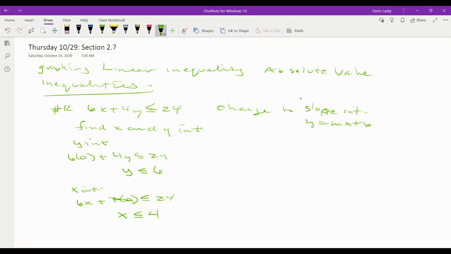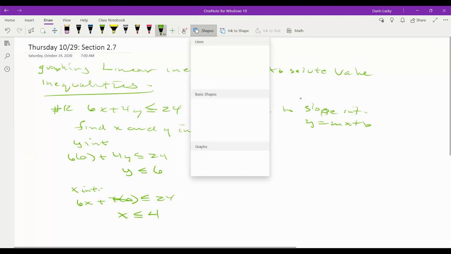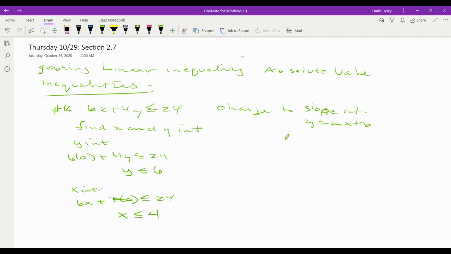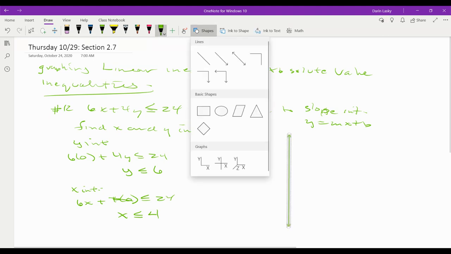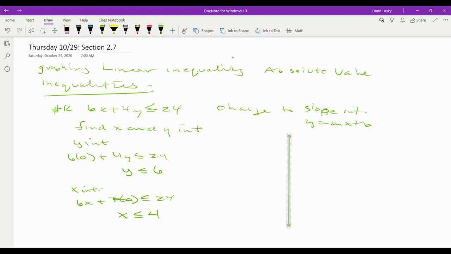So now I've got everything I really need to know, and for this one, I'm going to do actual nice lines for you guys. So we know that y is less than 6, so we're going to go up 1, 2, 3, 4, 5, 6.